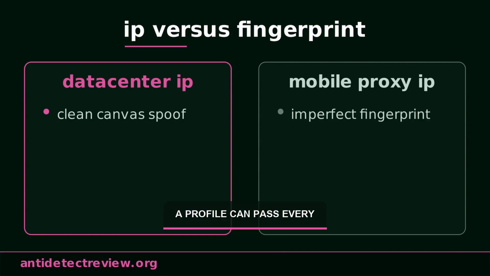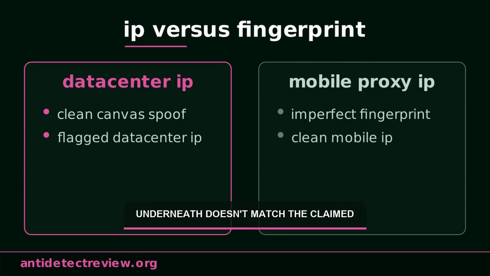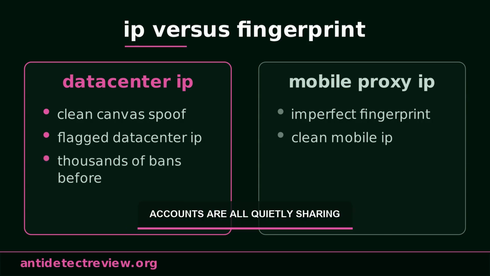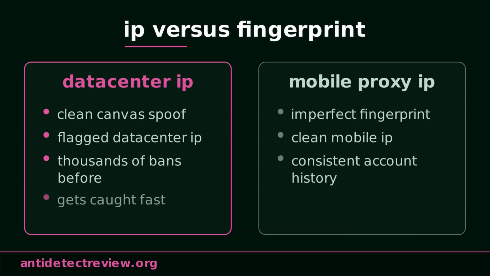A profile can pass every individual JavaScript check on the list and still get flagged because the TLS fingerprint underneath doesn't match the claimed browser, or because 10 supposedly different accounts are all quietly sharing a fingerprint cluster that's statistically implausible for 10 different people to produce independently.